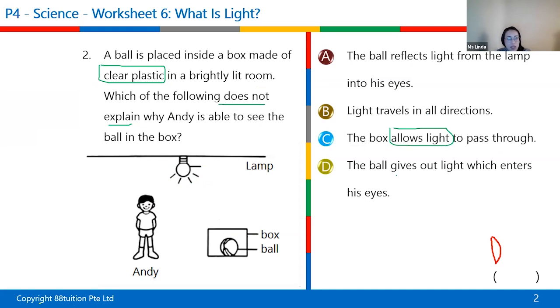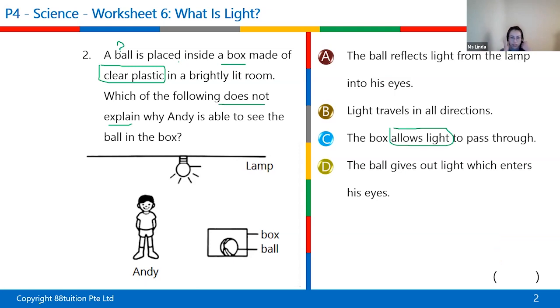Now D, the ball gives out light which enters his eyes. Do you think the ball is supersonic like Superman, or they say the ball is luminous? They only describe the box as clear plastic, but they didn't mention whether the ball is glowing or luminous.